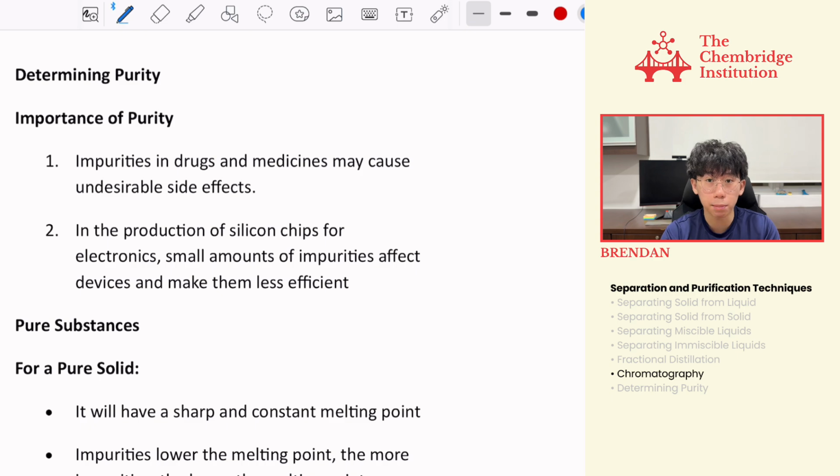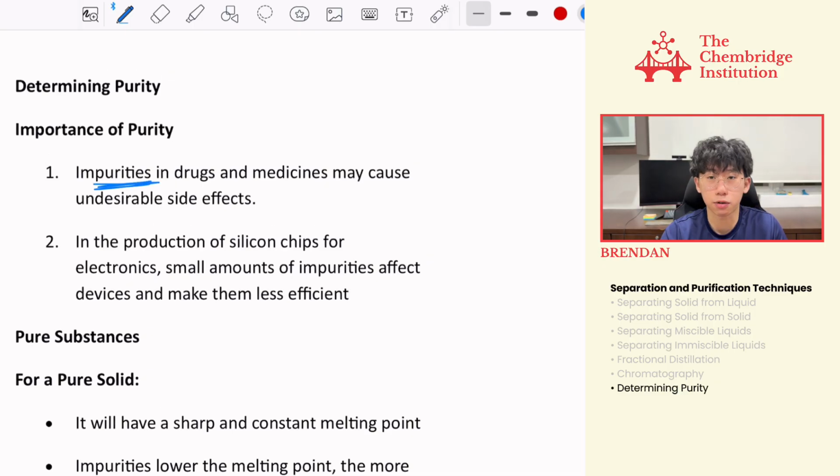We're about to wrap this up, so we are going to end this with determining purity. Now, determining purity is very important because, as you know, impurities in drugs and medicines have very undesirable side effects, and in general, you just don't really want anything too impure. Doesn't it worry you if you ingest something impure or eat something impure?